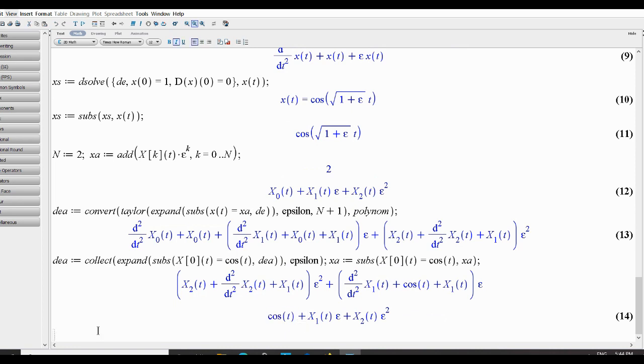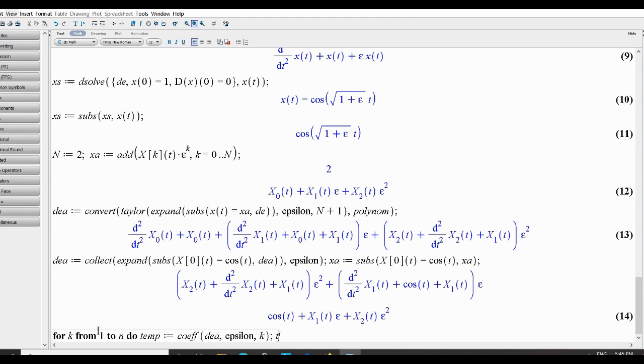Now I will say for k from 1 to N do, okay, temp is equal to the coefficient in DEA of epsilon to the power k, as we have done before.